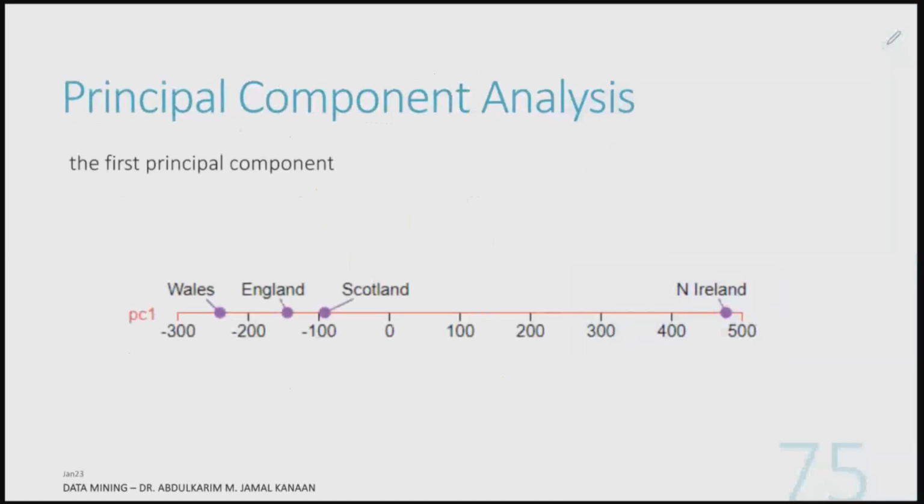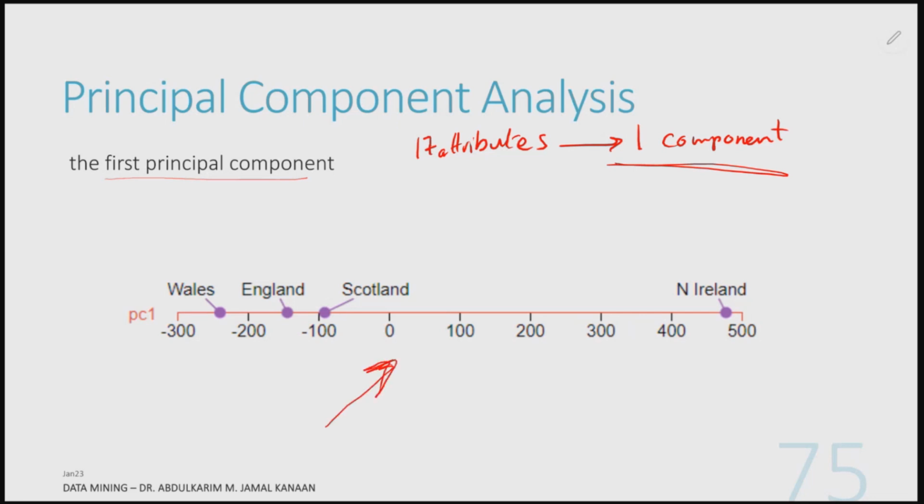If we apply it taking only the first principal component, that means from 17 attributes down to 1 component, and then we draw that 1 component, we're going to get just simply a line figure. We draw the lines.